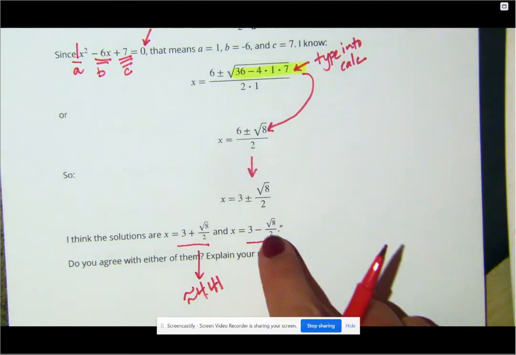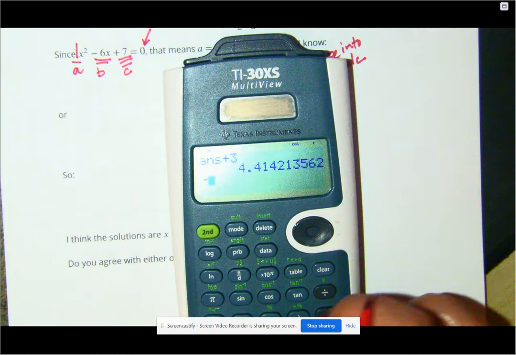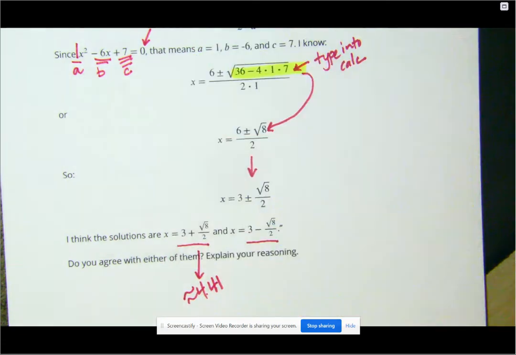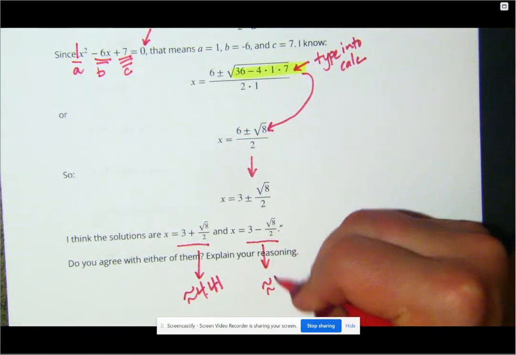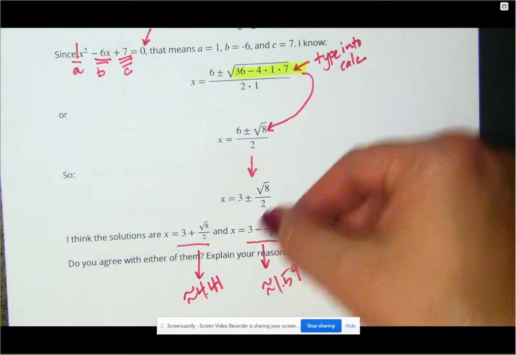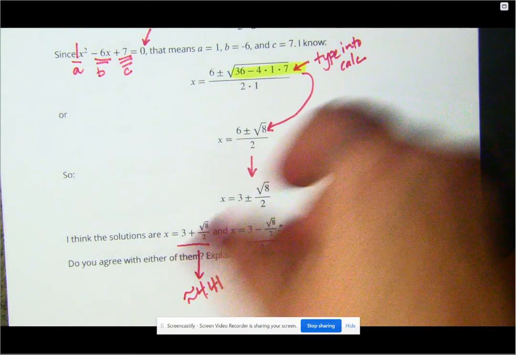Now let's do this one. I have negative square root of 8 divided by 2 plus 3 in the front. 1.59, same as Elena. These answers are the same even though they look slightly different. The reason is that it can actually be cleaned up a little bit, but we're not worried about it.